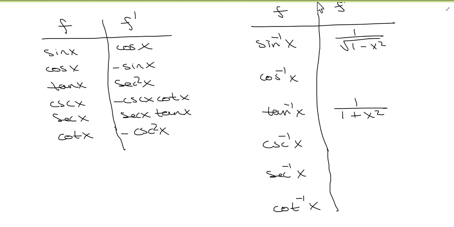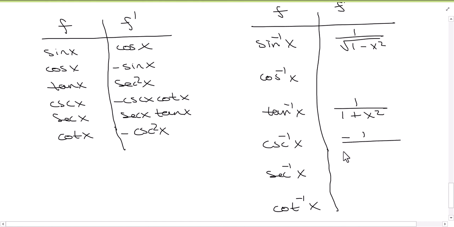For cosecant inverse, the derivative is negative 1 over x times the square root of x squared minus 1. For secant inverse, it is the same thing but positive. And cotangent inverse is actually the same as tangent inverse but negative: negative 1 over 1 plus x squared.